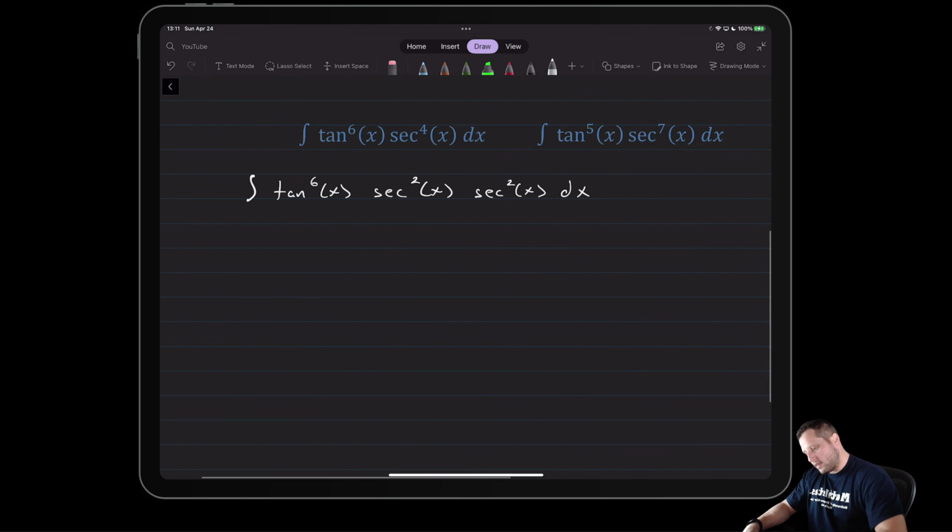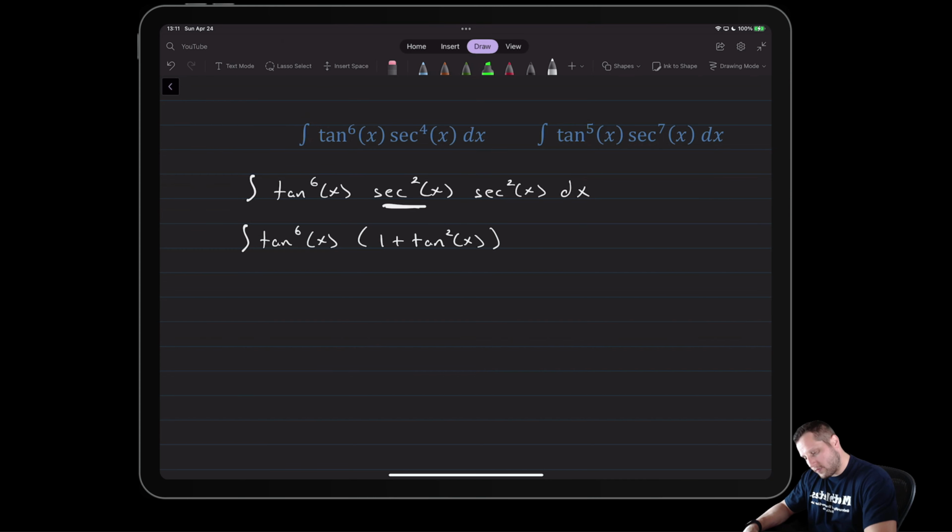Now, this secant squared, it doesn't matter which one, I'll just do this one. I'm going to use a trig identity and change that to 1 plus tangent squared of x. So this becomes the integral of tangent to the 6th of x times 1 plus tangent squared of x times secant squared of x dx.